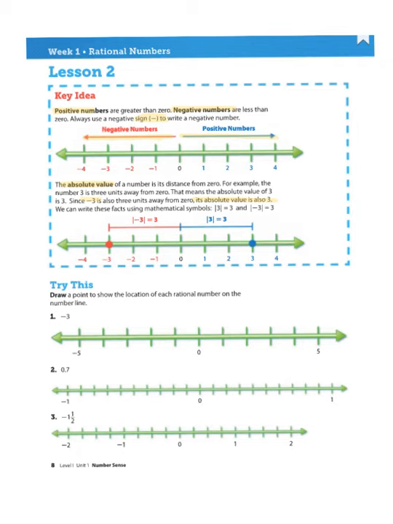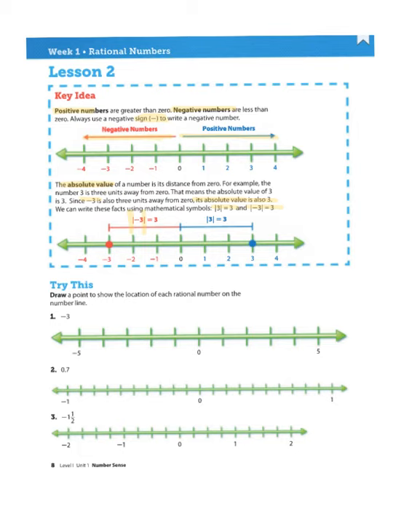We can write these facts using mathematical symbols. So the lines that you see right here mean absolute value. They're telling you that the absolute value of 3 is positive 3, and the absolute value of negative 3 is also positive 3.